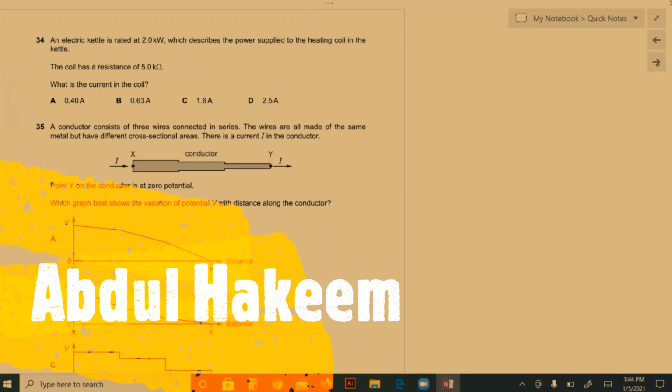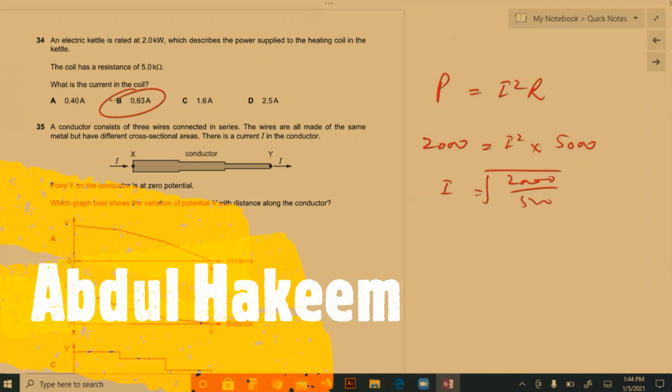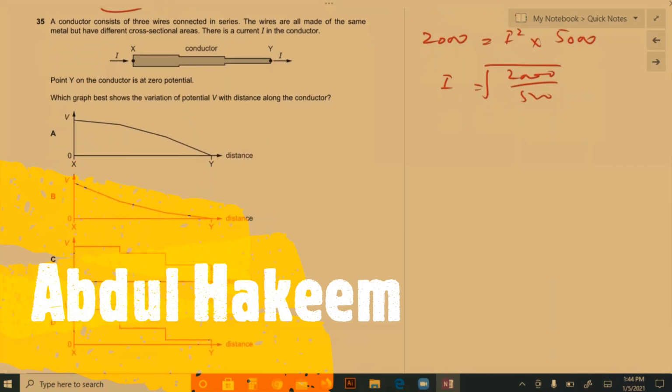So look, the formula is power is equal to I squared R. The power is 2 kilo, meaning 2000. Current is required and the resistance is given as 5000. So I is equal to the square root of 2000 divided by 5000. So after calculation, we will get the answer 0.63.